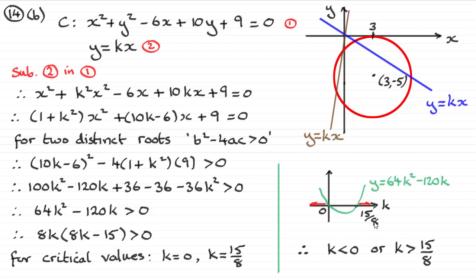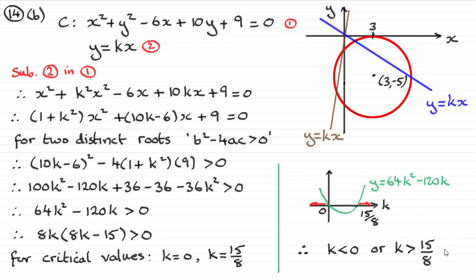So I'm looking for where that graph is positive. And I can see that's where it's this branch here above the k-axis and this part of the curve that's above the k-axis. So that means that I need values of k that are less than 0 and values of k which are greater than 15/8.